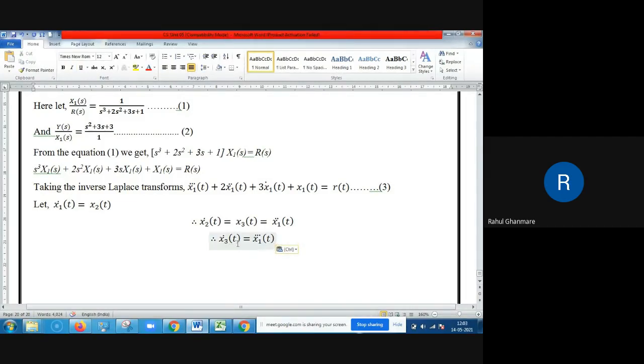In this way we have all the values. Now when we have all the values of these variables, we can rewrite equation number 3.